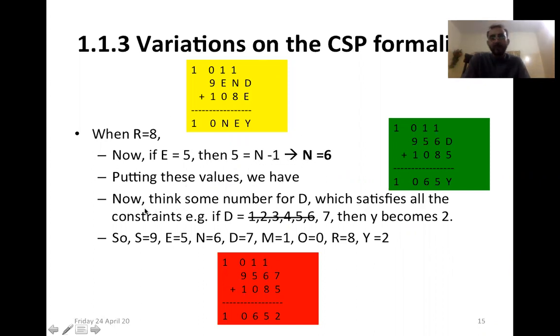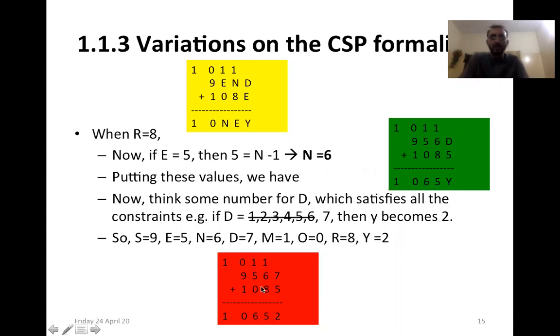Putting these values, you can check all the values one by one as I did, and then you will have the value of Y as 2 and the value of D as 7, and finally you will have the values for all the variables, and then you can write your solution in this form. And we already checked that the sum of the solution is also perfect.